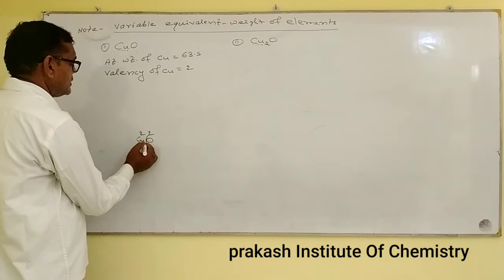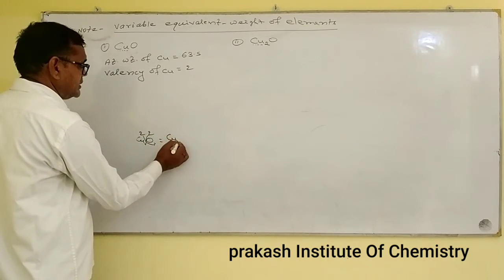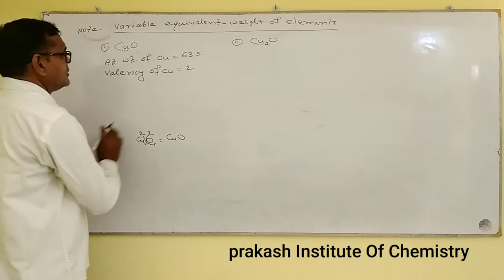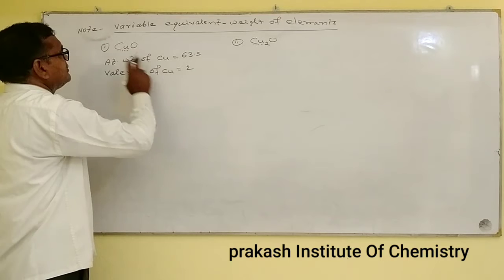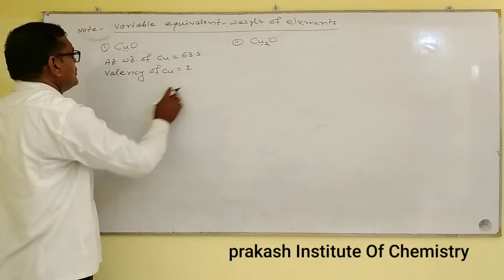In Cu2O2, 2 common out. Therefore, valency of Cu in cupric oxide is 2.